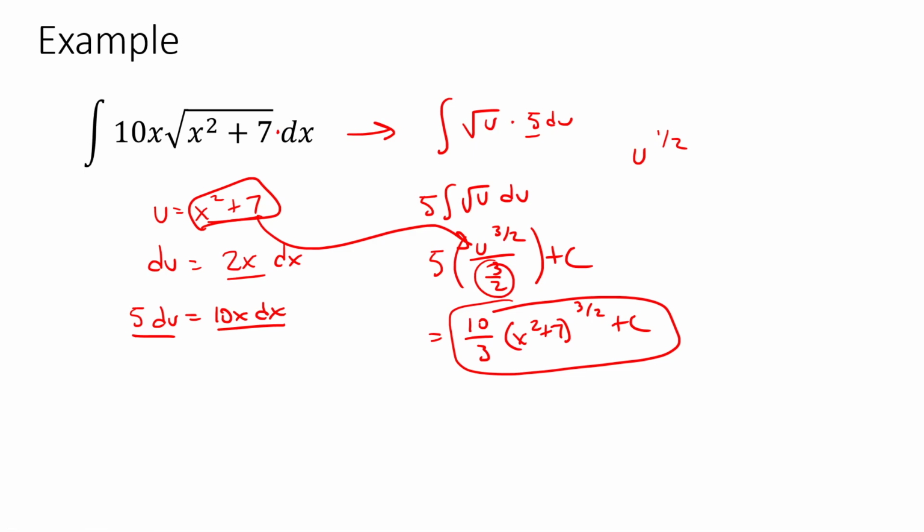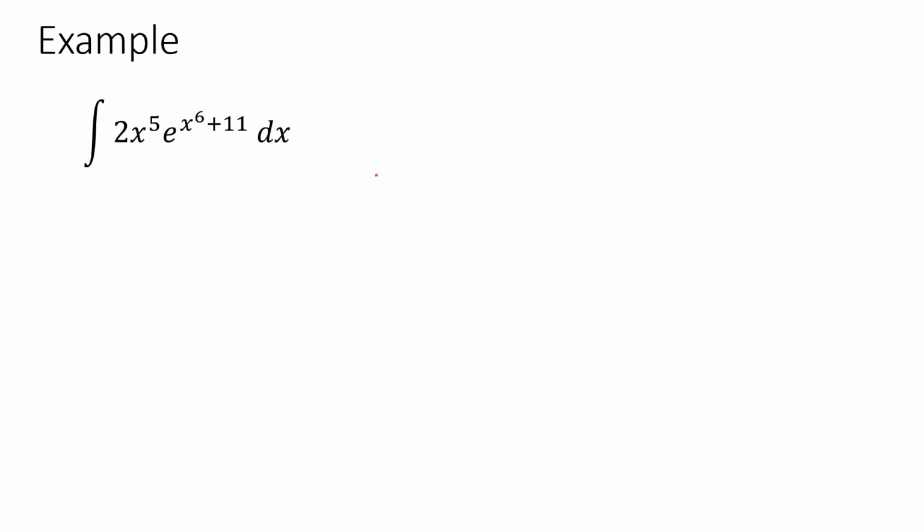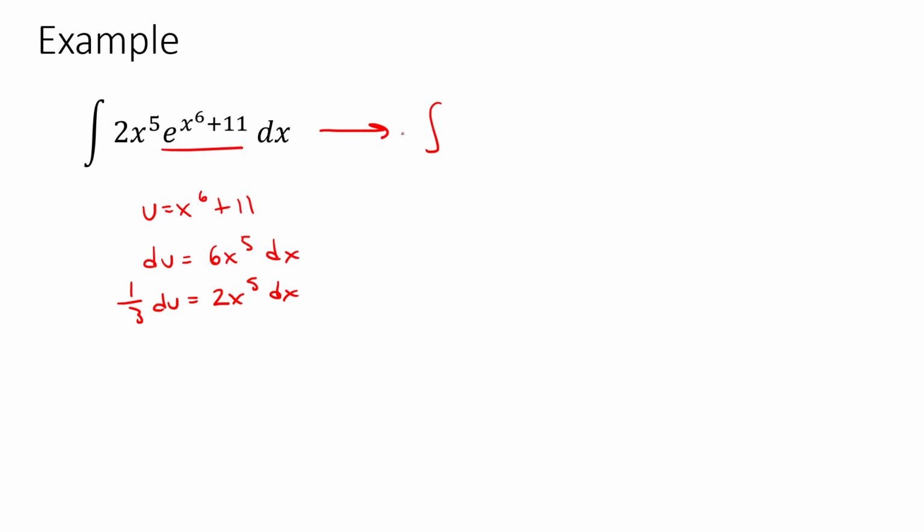Another example. Looking at this, I'm going to let this be my u, which means my du is going to be 6x to the 5th dx. But I only want 2x to the 5th, so I am going to multiply both sides by 1/3 to get it to match. Now I'm going to set this up. This is going to be e to the u.